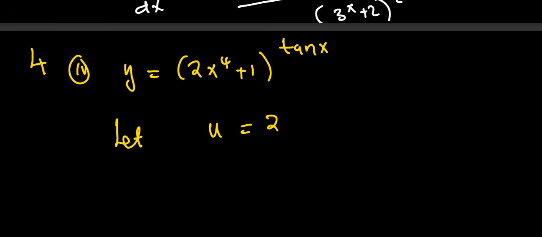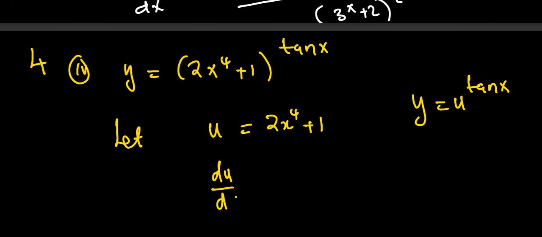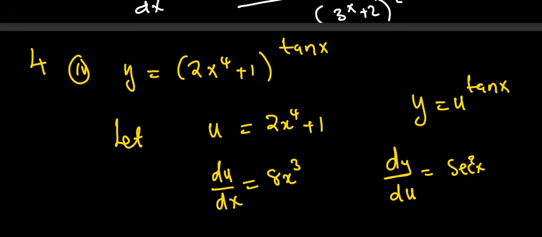We can just let u be equal to 2x^4 plus 1, meaning y is equal to u to the power tan x. When you differentiate this guy, du/dx, we get 8x^3. Differentiate this guy with respect to u. So we're differentiating it with respect to u, not x, right? So we're going to differentiate what we have there. That's sec squared of u, tan x, then we have ln u.